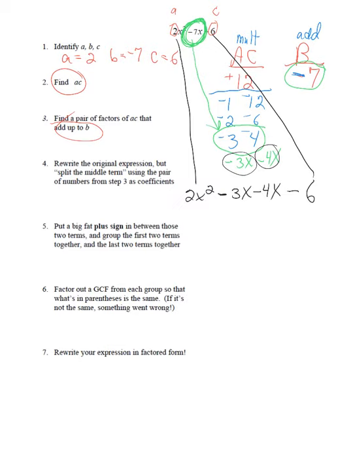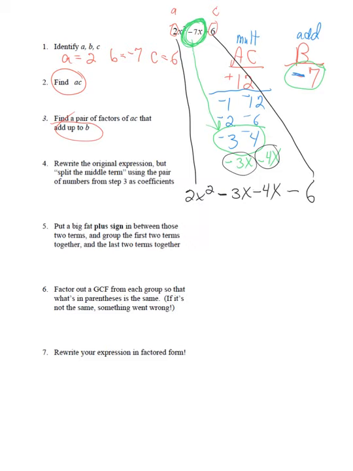It says to put a plus sign in between there. I'm not sure I really want to do that this time. I'm not sure what we gain because plus negative is kind of so silly. We're getting to be pretty sophisticated with our math. We don't need to see a plus and a negative right next to each other.